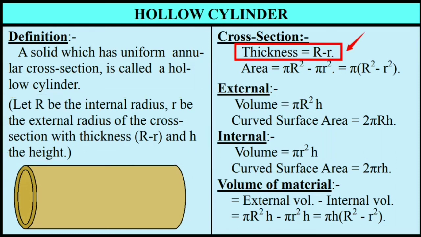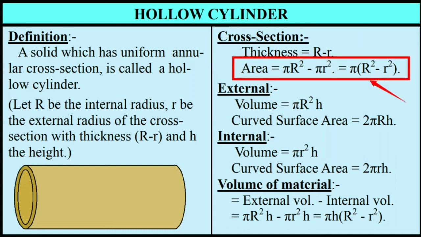Now let's come to mathematical formula on hollow cylinder. First one, the thickness of the hollow cylinder, and that is clear, capital R minus small r, and area of cross section is the area of the outer circle minus the area of the inner circle.